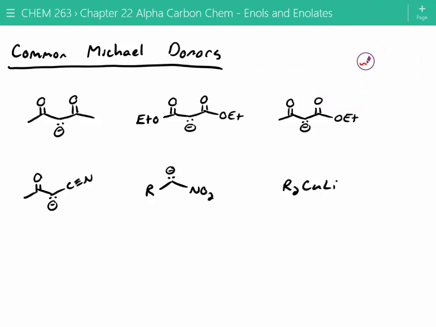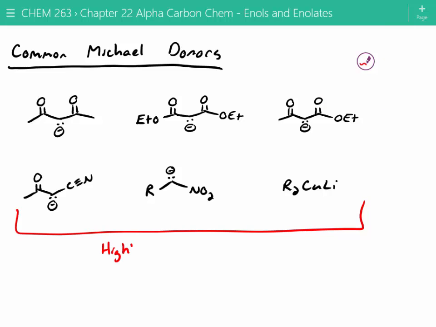All of these are highly stabilized and will attack the beta position. So really, a Michael addition is simply referring to a conjugate addition where it's an enolate or some sort of nucleophile adding into the beta position.